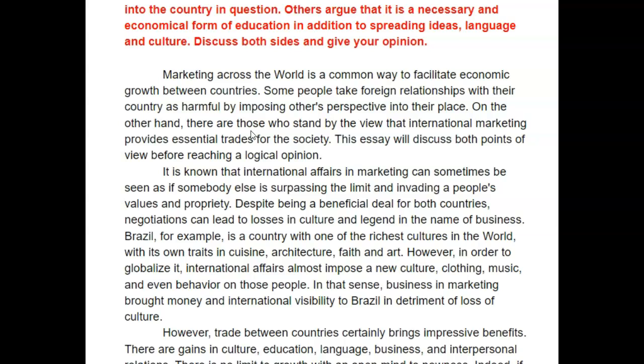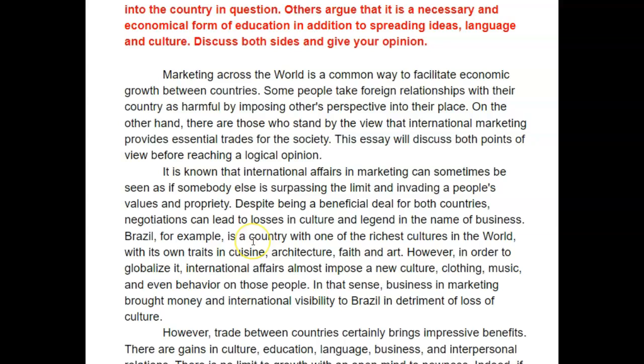So let's keep going. It is known that international affairs and marketing can sometimes be seen as if somebody else is surpassing the limit. I don't know what that means. And invading a people's value and propriety. Despite being a beneficial deal for both countries, negotiations can lead to losses in culture and legend in the name of business.